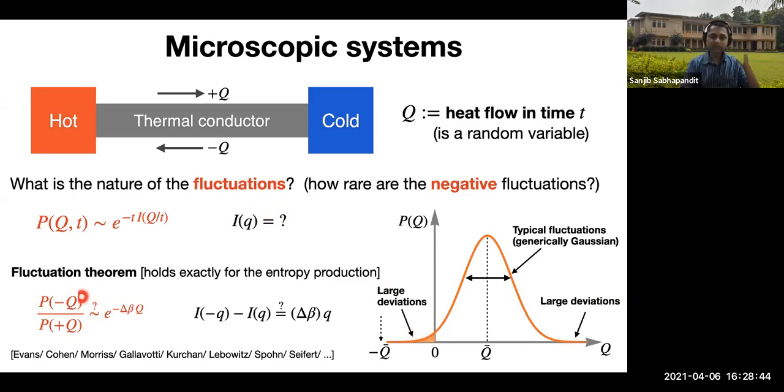The advantage of this relation is that although this might be very rare, the positive side need not be very rare. For example, this might be the typical fluctuation, given by the Gaussian, and once you have this probability here, you might find the probability distribution here just by this relation, provided this relation is true. So this is something you might want to see, when it breaks down.